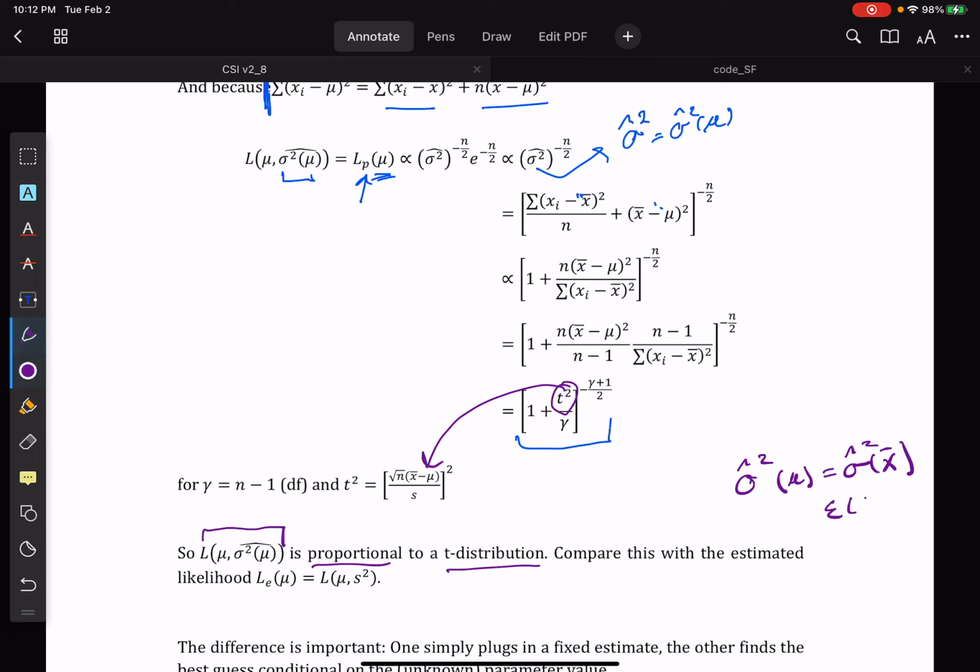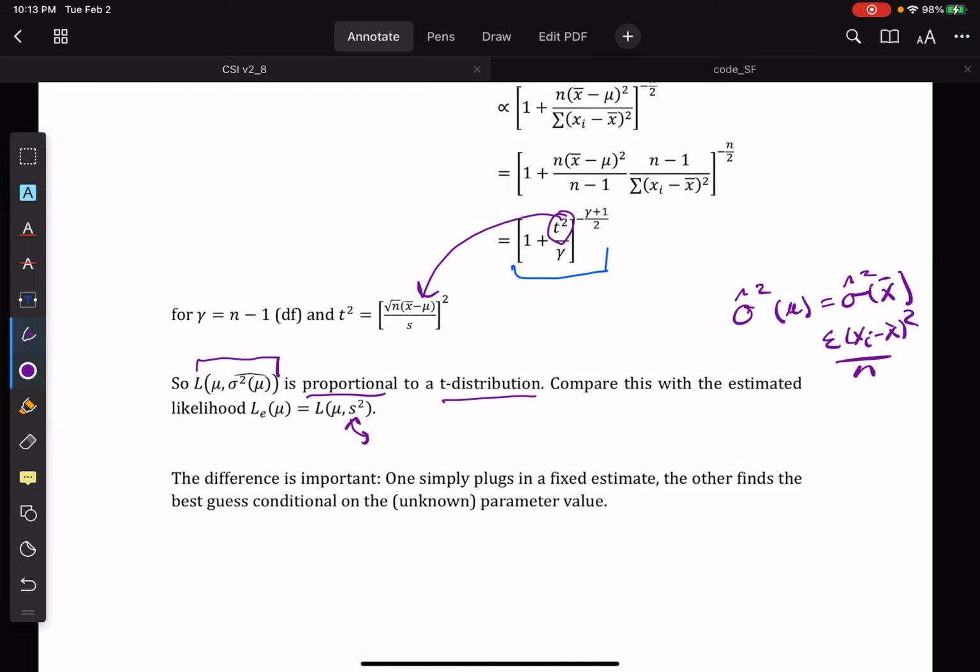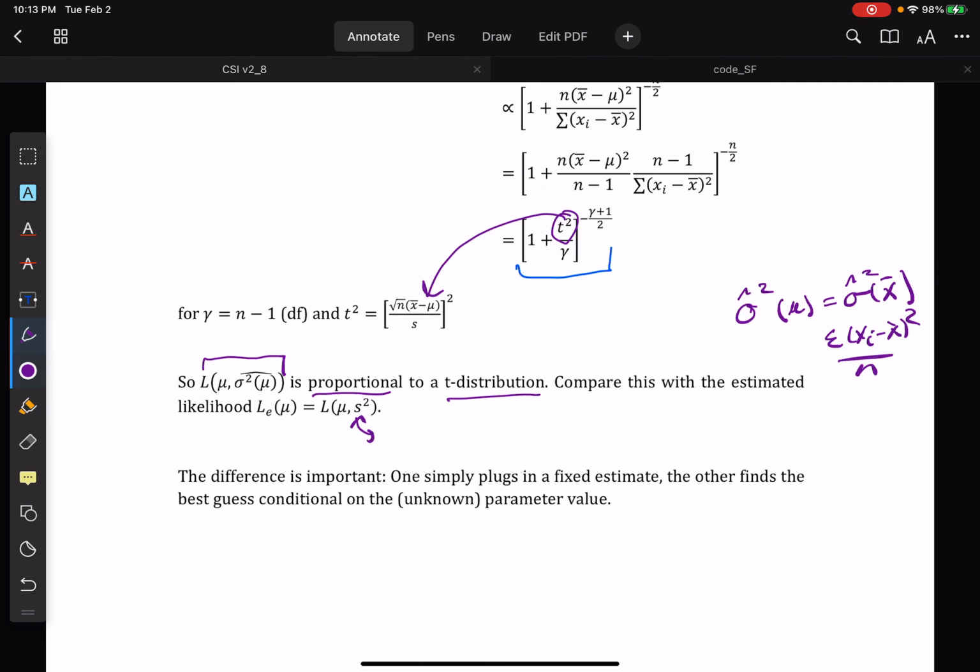So it's going to be the sum of the xi minus x bar squared over n. And then sometimes people might even want to have n minus 1 in the denominator, which is what this guy is right here. So I can just plug in an estimated likelihood. Just plug in the sample variance. See how that goes. All right. So one simply plugs in a fixed estimate for the estimated likelihood. That's this E here.